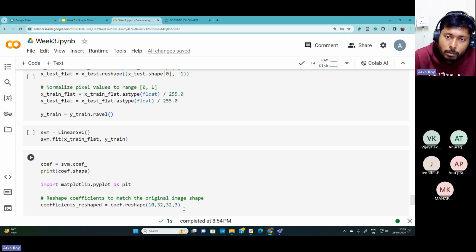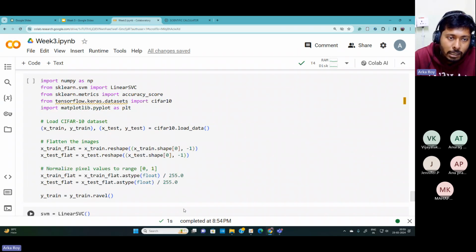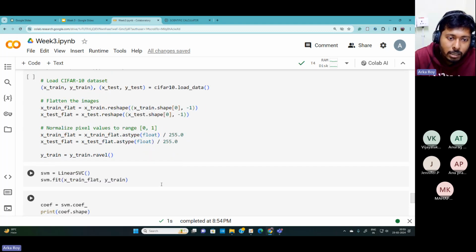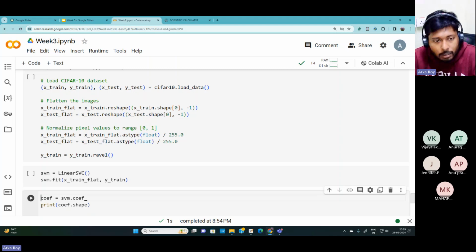But the main problem is, if your system doesn't have very good hardware, then it will take ages to train an SVM model. In my case, it took around 3.5 hours to train the whole model. That is why I am not running the model now, because nobody will sit for 3 hours to see the training progress.